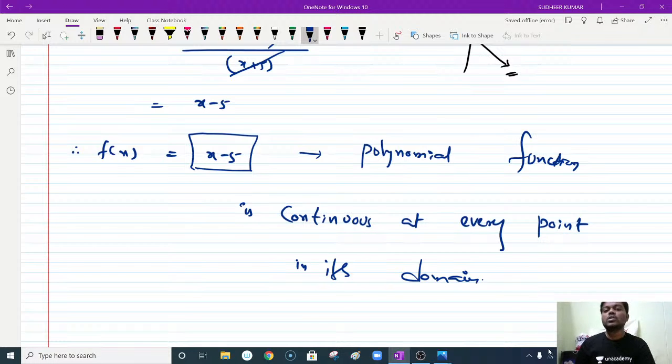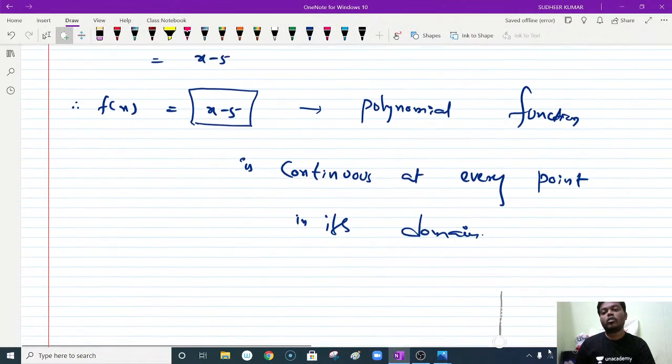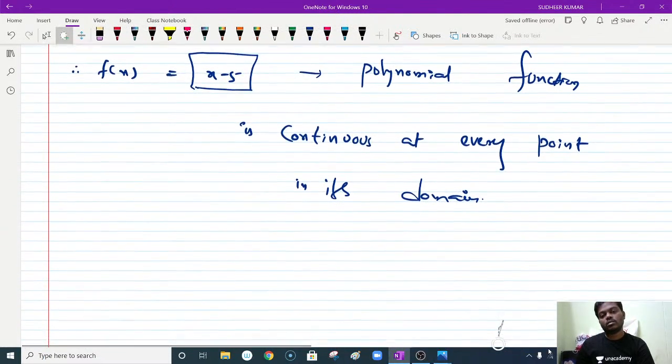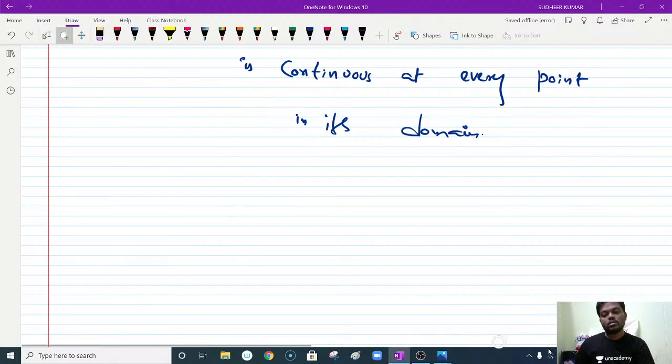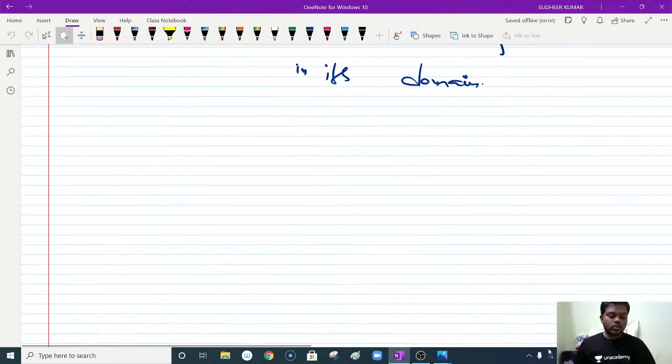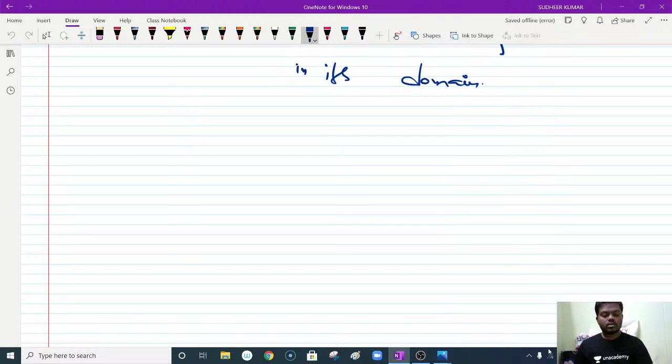Right? So it is continuous everywhere except x equal to minus 5. So let us go to the next one.